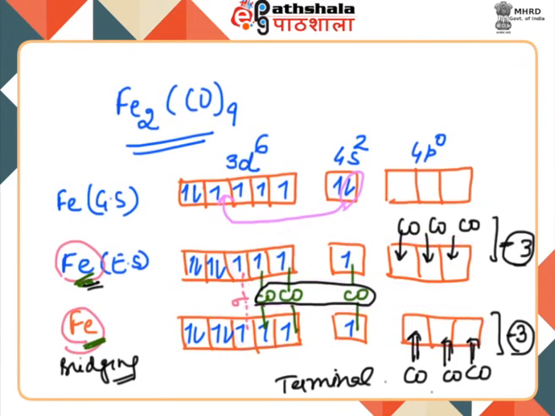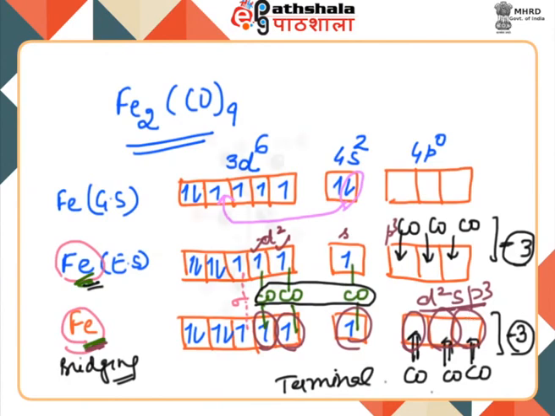If we try to see what type of hybridization is involved, there will be 2 D, that is this one and this one, 1 S and 3 P's, and that's how you have d2sp3 hybridization, which is there in this di-iron nonacarbonyl. And you can see here also, this is one D, another D, this S and these 3 P's which are involved in this iron, which are undergoing the d2sp3 hybridization.